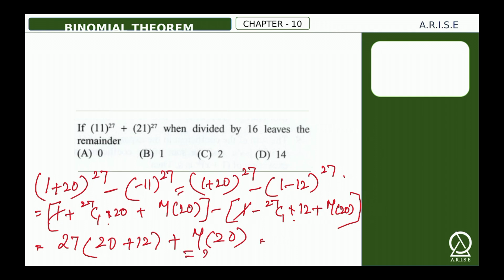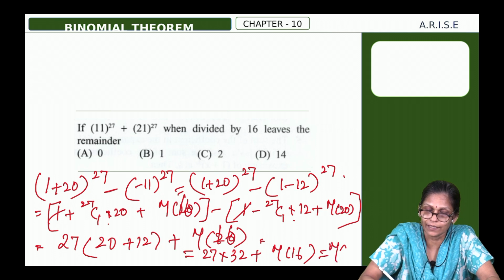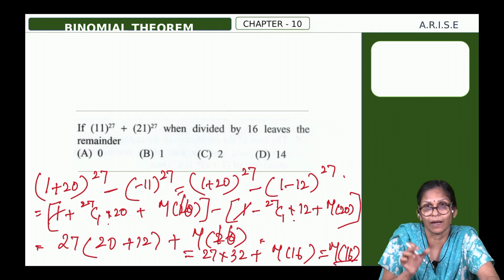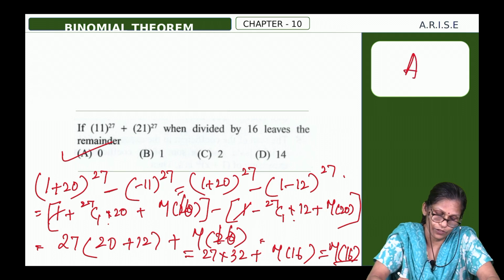So, this is 27 into 32 plus a multiple of 16. Now, isn't 27 into 32 itself a multiple of 16? So, the entire term is a multiple of 16. So, what remainder is left? 0. Option A is your answer.